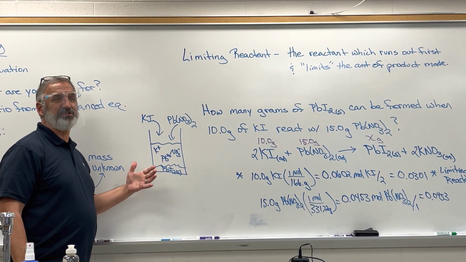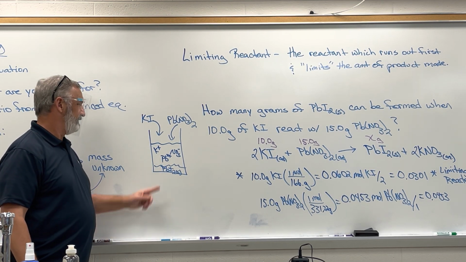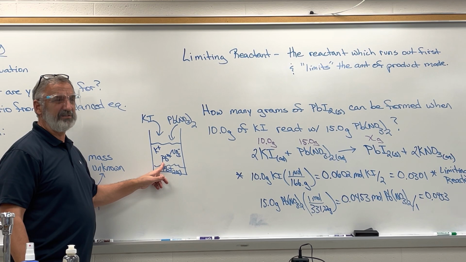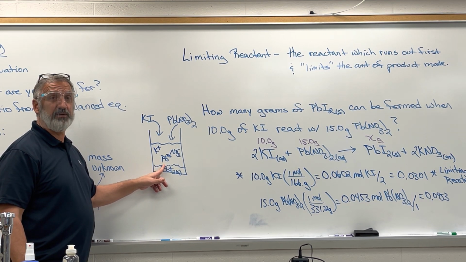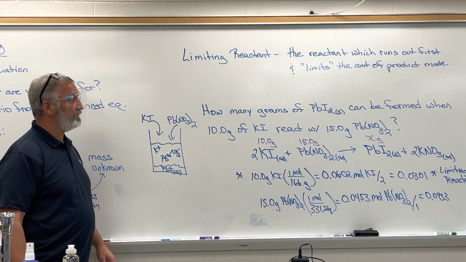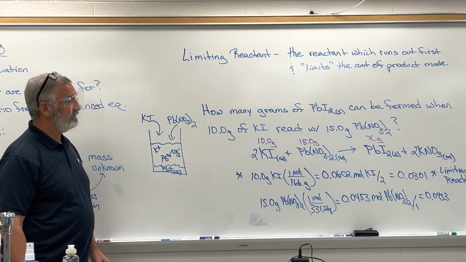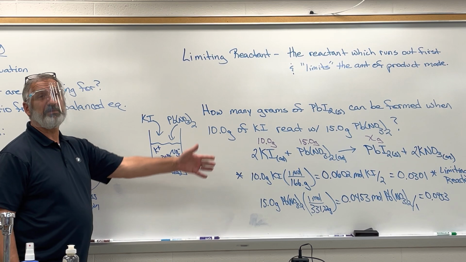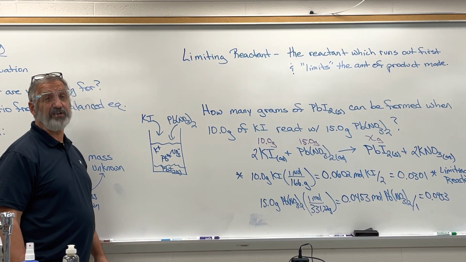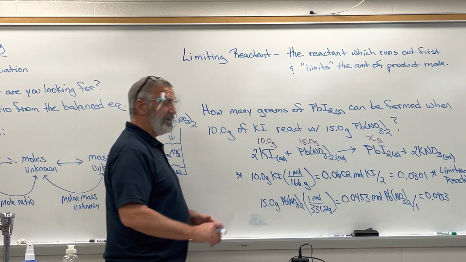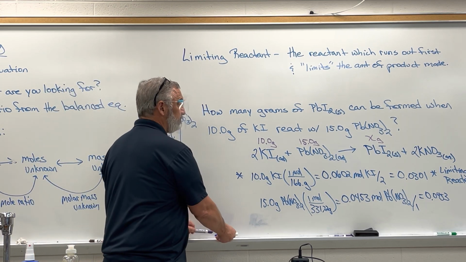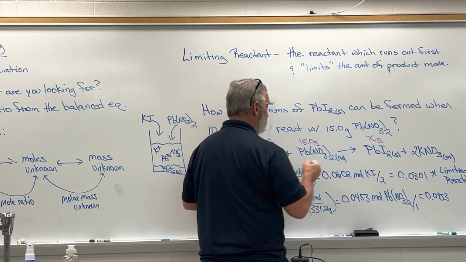So now the last question. How much excess was there? How much Pb was left over? Now, because you don't know how much potassium nitrate was made, we haven't figured that. All we have to do now on this one is make this one my unknown.